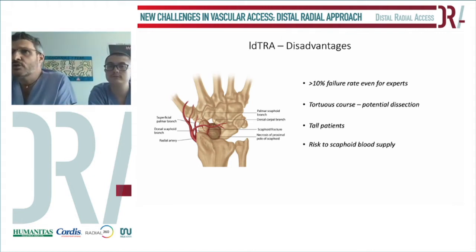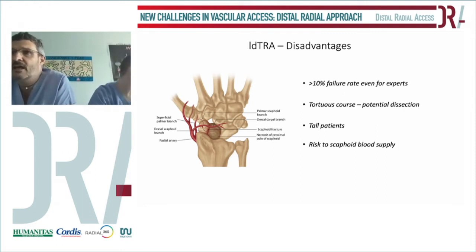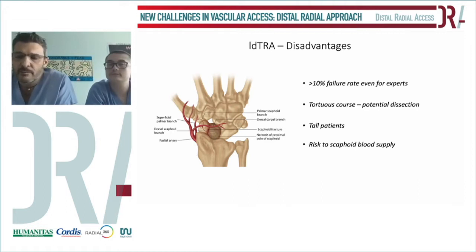And we should keep in mind that if we puncture the distal radial, especially at the distal site of puncture, there is some tortuosity related to the origin of several side branches. So we have to manipulate gently and advance the wire very gently in order to avoid potential dissection. And another aspect that we have to consider is, in case of tall patients, sometimes the catheters, which are 100 centimeters long, are not enough to let us select the coronary artery ostium.